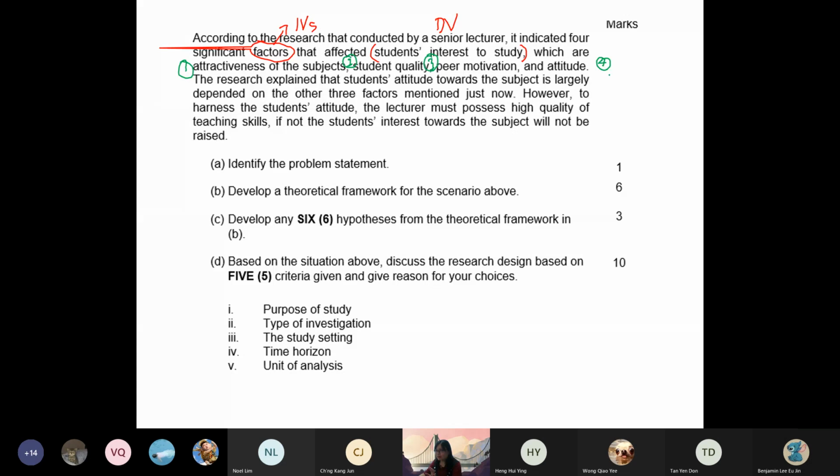We assume that this is factor 1, factor 2.